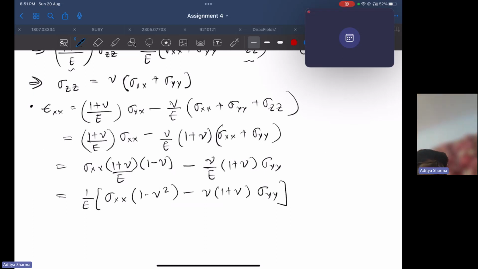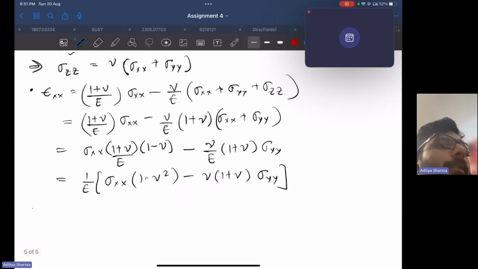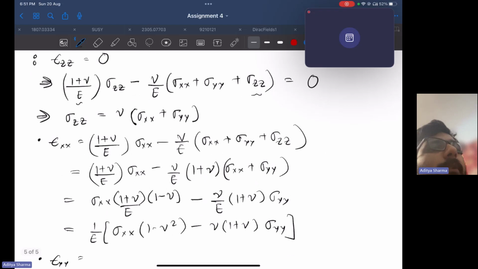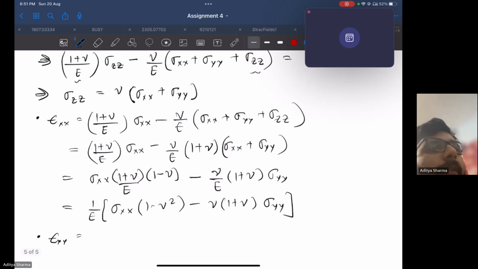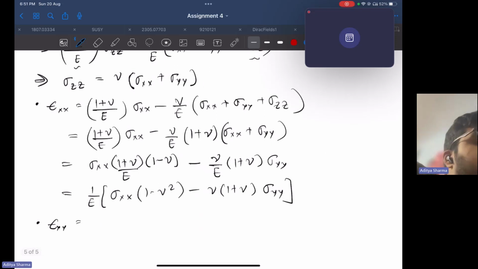So this is the thing. Now we'll find epsilon yy. Similarly, we'll have everything to be the same, but xx and yy will be changed.